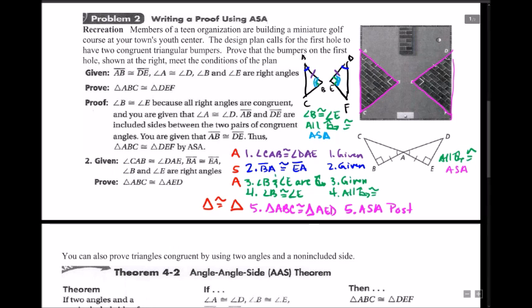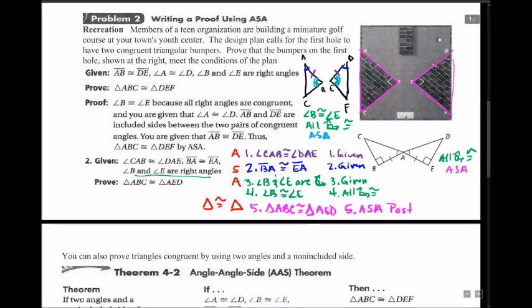So when I set up my proof, I'm going to set it up angle side angle. And that way I know I've taken care of each one. So my first angle are the given angles, my side are the given sides, and then to get my third angle, it takes two steps. The first step is angle B and angle E are right angles. We are told that right here. That is a given.